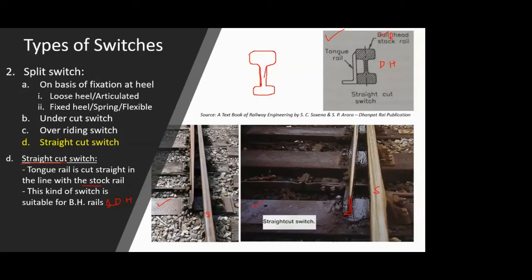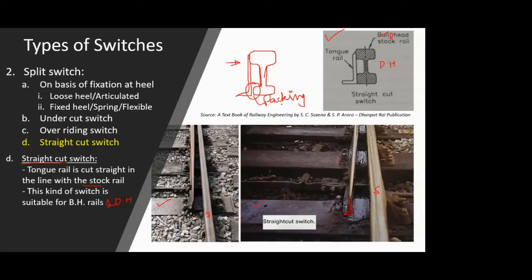So in that case, if you go for a straight cut switch, again there will be a gap between the face of the tongue rail and the foot section. So again, in this case, you might require some packing so that the tongue rail doesn't tilt when it moves from left to right and touches this stock rail.